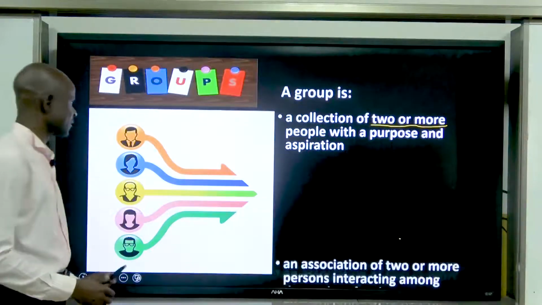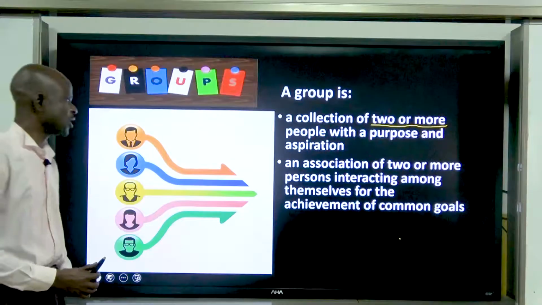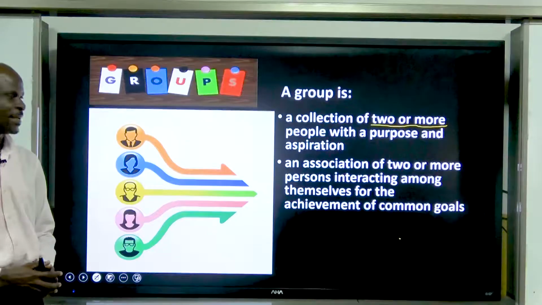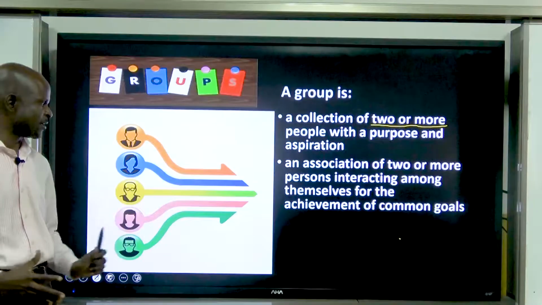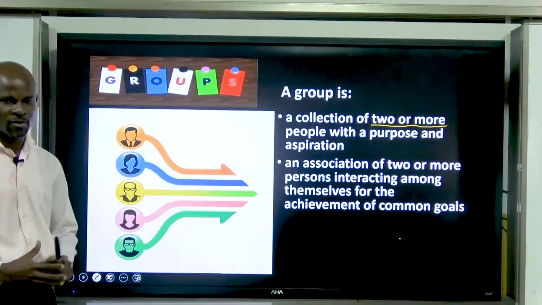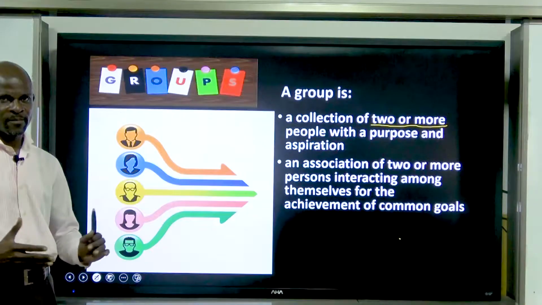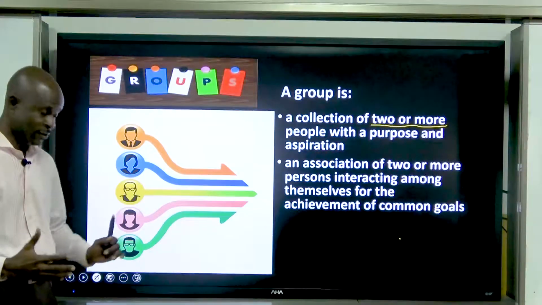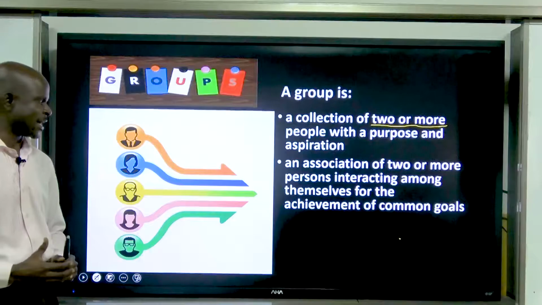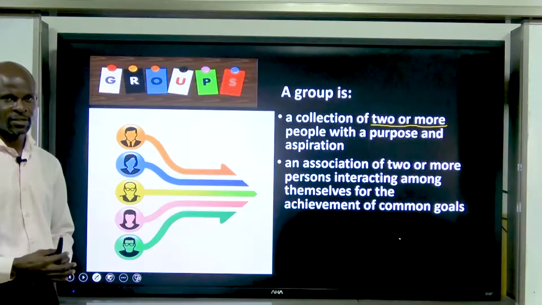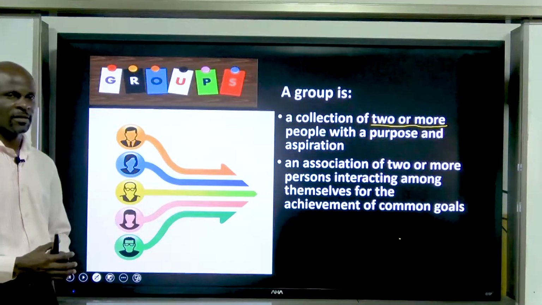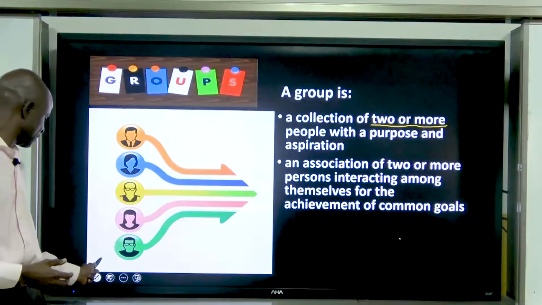Furthermore, it's an association of 2 or more persons interacting among themselves to achieve common goals. Collection of people, association of people coming together, interacting to achieve common goals. That is a group.